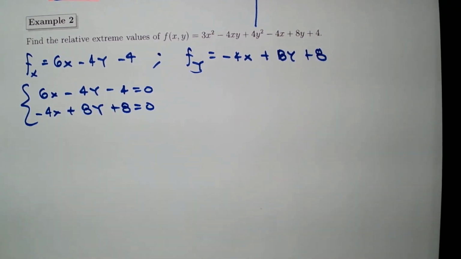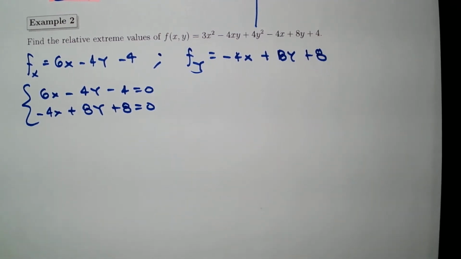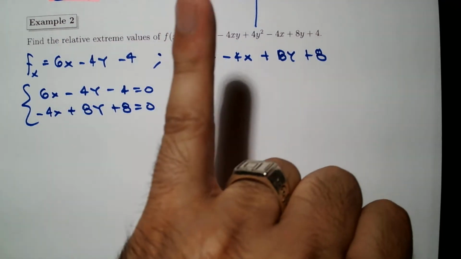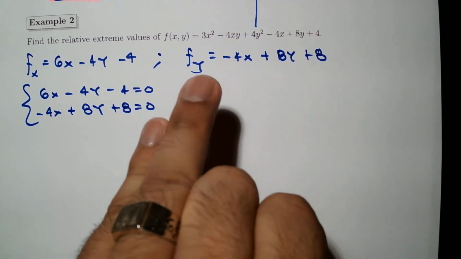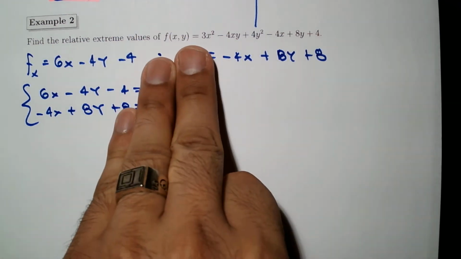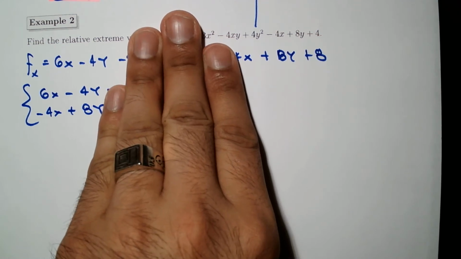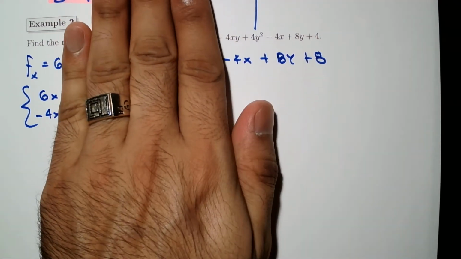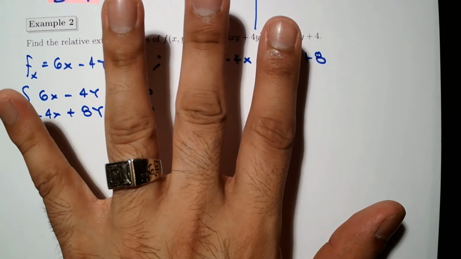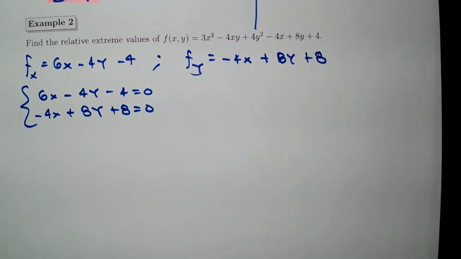Now we have a system of two equations and two unknowns. Keep in mind that there's a good number of methods to solve systems of equations, such as elimination, substitution, matrices, calculator RREF, determinants, and Cramer's rule. At least 5 methods.